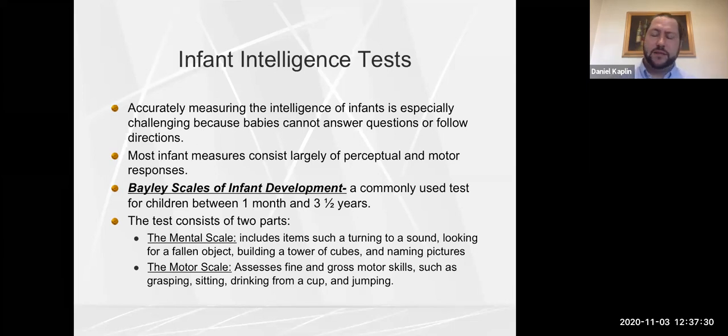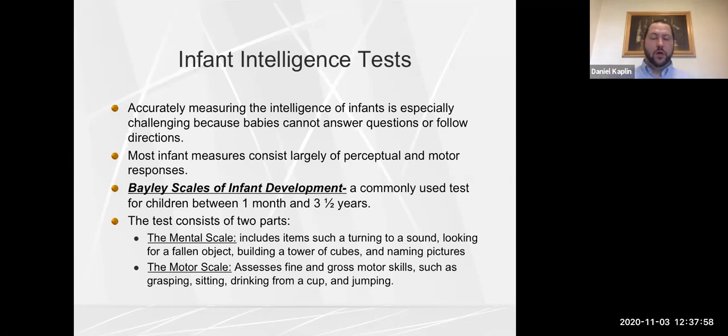So that's one reason. Or if you are concerned about anoxia, which we talked about in prenatal development, a lack of oxygen to the baby, that could affect cognition as well. So there are times you might assess intelligence in infancy, and we need an instrument to do it. That instrument is the Bayley Scales.